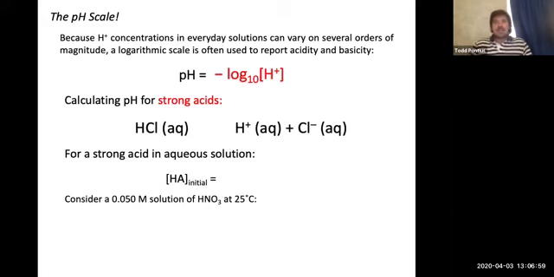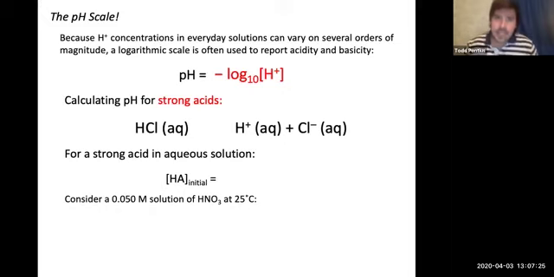On the low end, they can be 0.0000000000000000001 molar. So there's this long range, and it becomes inconvenient to say, oh, well, the proton concentration is 0.0000. So instead, we use a logarithmic scale, something to help make more user-friendly numbers. And that is called the pH scale.